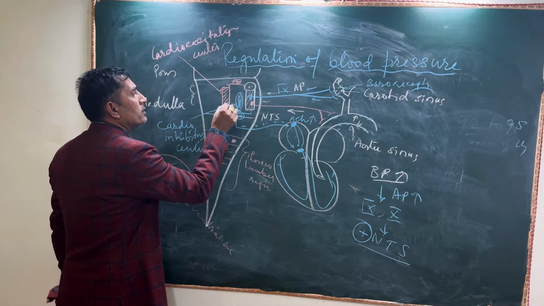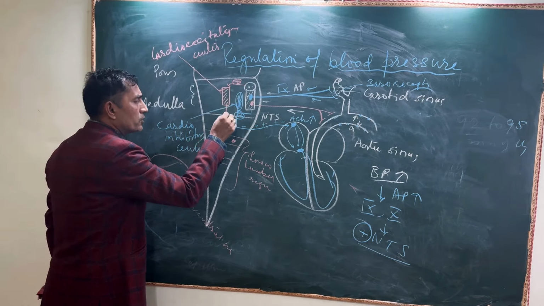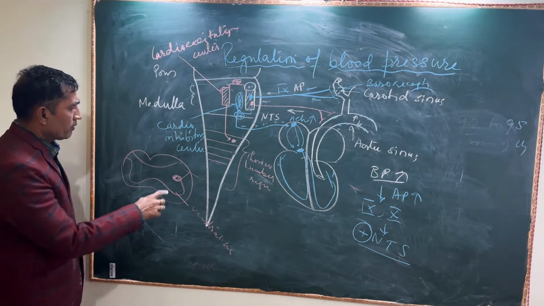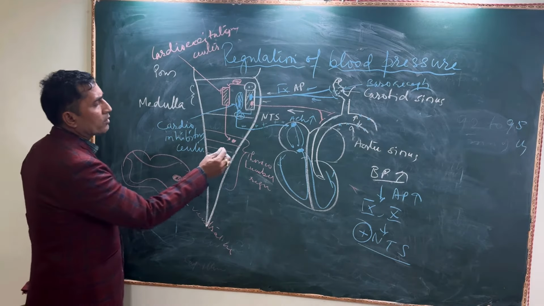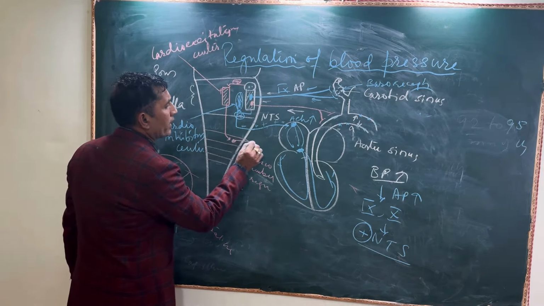So here the cardio excitatory center is inhibited. This will send the information to the lateral horn of the spinal cord. From here we have the preganglionic neuron, and then the postganglionic neuron.